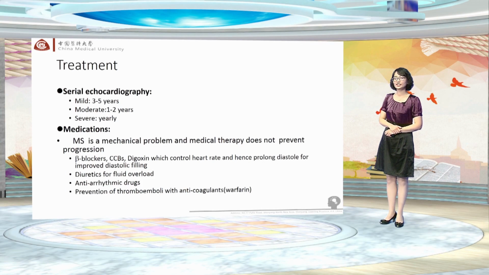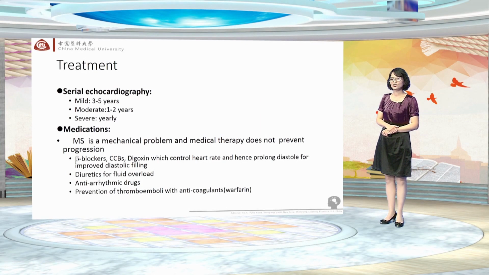But because it is a mechanical problem, the medical therapy does not prevent the progression. Some medications, such as beta blockers, diuretics, antiarrhythmic drugs, and some anticoagulants may be used in the patients with MS.